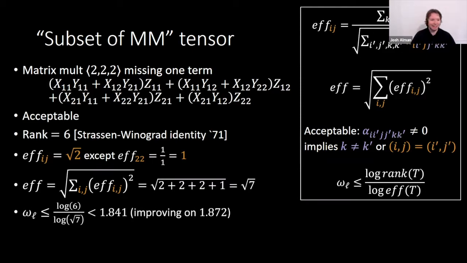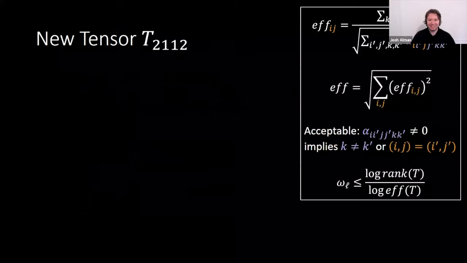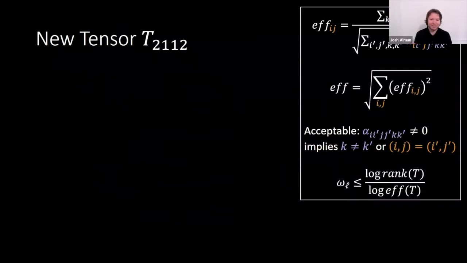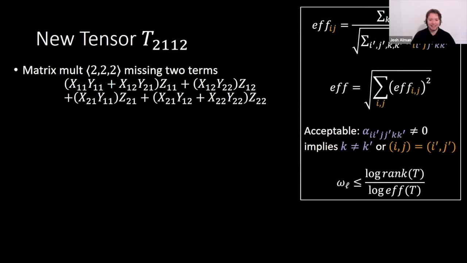So let me now tell you about a new tensor we introduced. We call it T2112, where 2112 describes the pattern of the efficacies of this tensor. The starting point for defining this is matrix multiplication, but missing 2 of the terms.